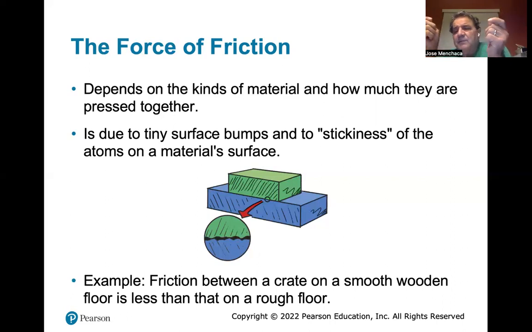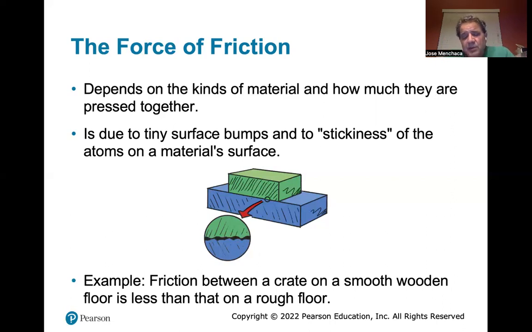If you take some saran wrap and you stick it to a glass bowl, that's more the stickiness from the atomic structure, the atoms in the saran wrap and the glass bowl. There's no bumps in it.